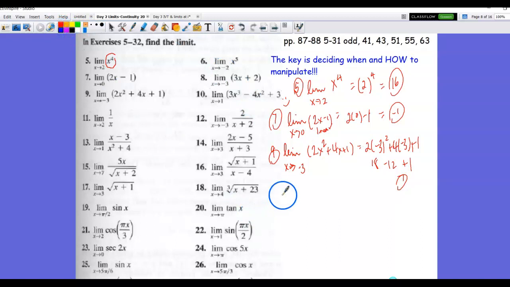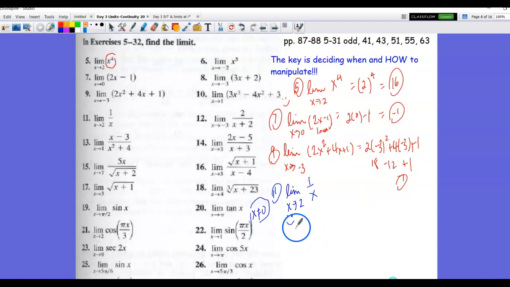Moving on to number 11. So we have a rational function, a variable in the denominator, and we know that division by 0 is undefined. So when we're thinking about just this function, we know in our brains that x cannot equal 0. There's a discontinuity there. But the good news is we are not approaching that discontinuity.